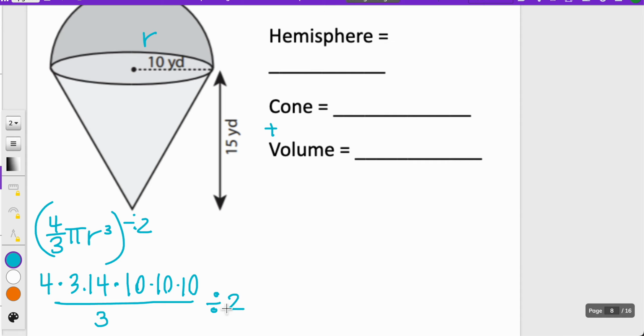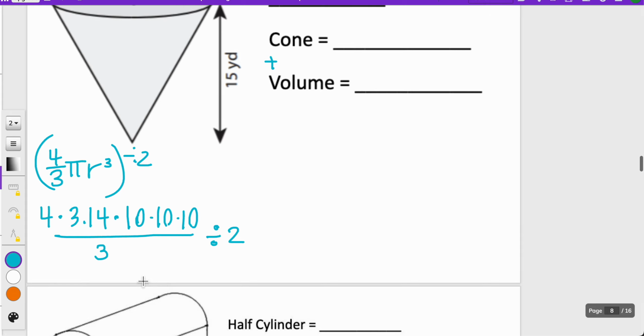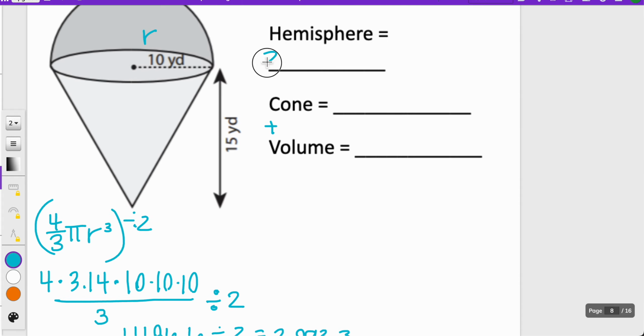So 4 times pi times 10 to the third, which would be 1,000, gives me 12,560, divided by 3 gives me 4,186.6 repeating, but then I'm going to divide that by 2, and I'm going to get 2,093.3. So hemisphere is 2,093.3 cubic yards.